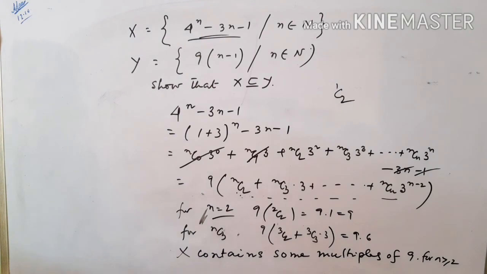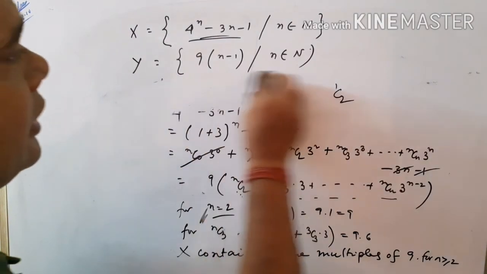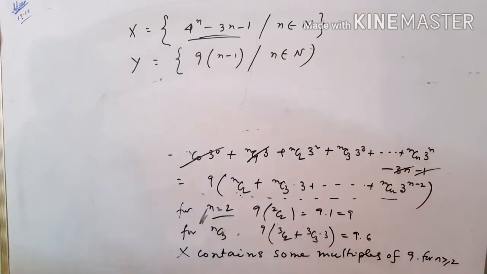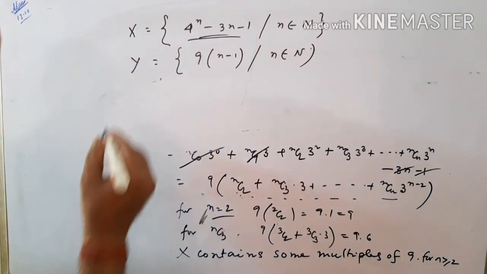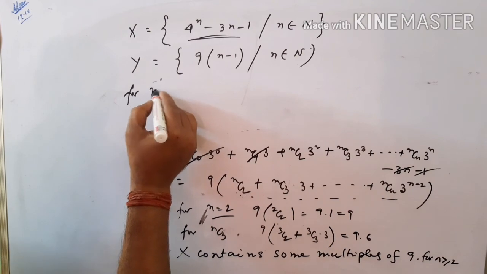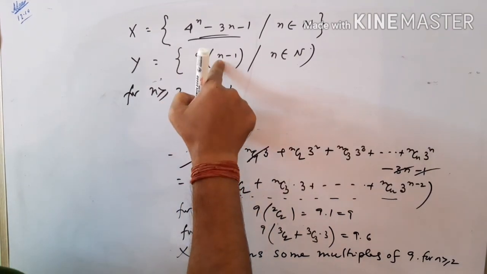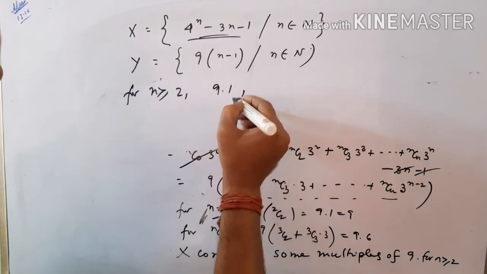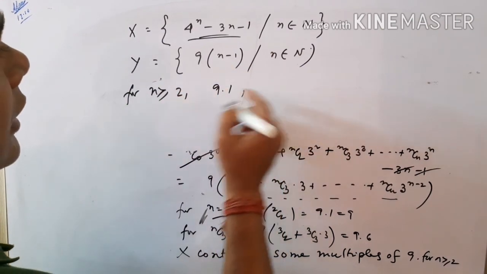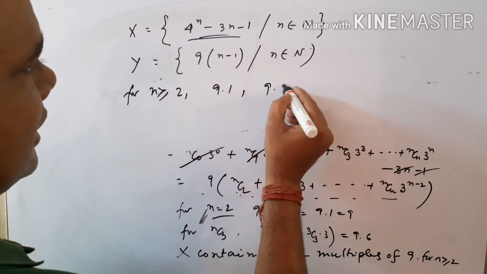Now if you consider n greater than or equal to 2, what will happen to Y? For n greater than or equal to 2, the elements of Y are 9 into 1 if you put n equals 2. Then for n equals 3, you will get 9 into 2.